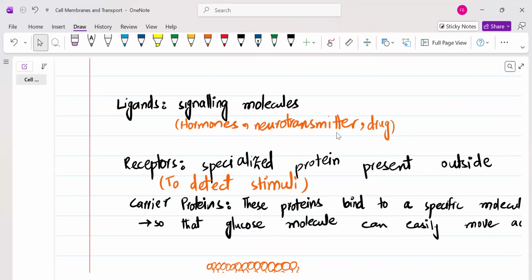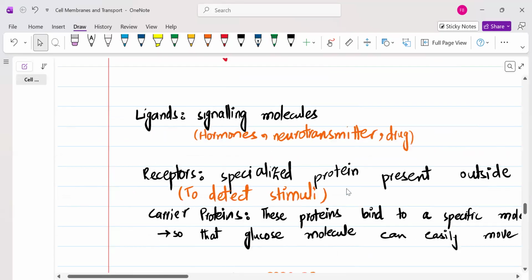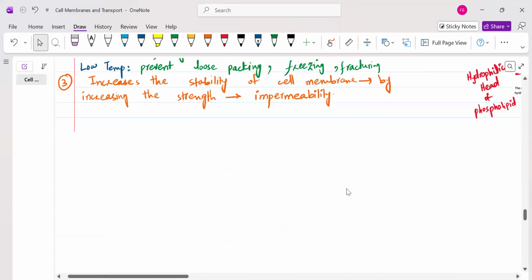Okay, so that ligand, when it will try to enter the cell membrane, it will first attach to this glycoprotein. So this glycoprotein serves as the ligand receptor. Okay, so now we are going to discuss the role of the glycoprotein and glycolipids in detail.